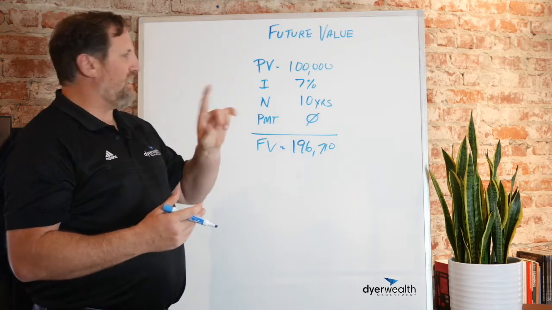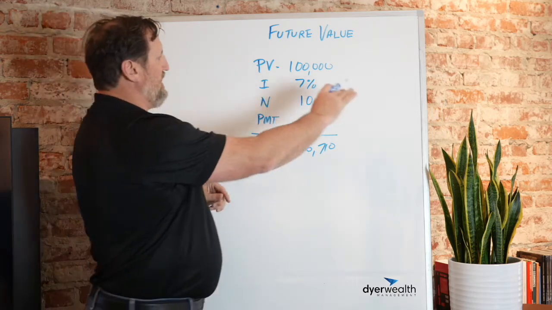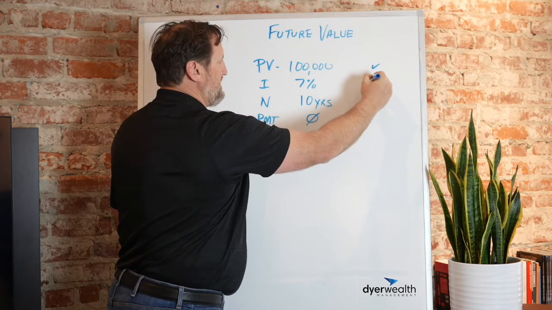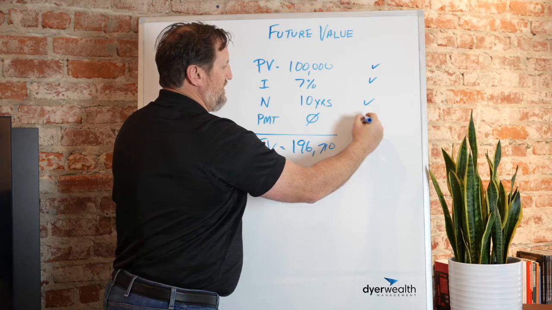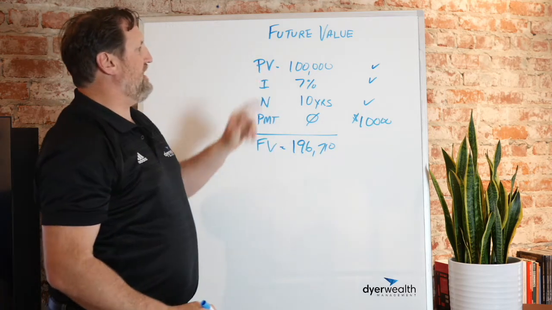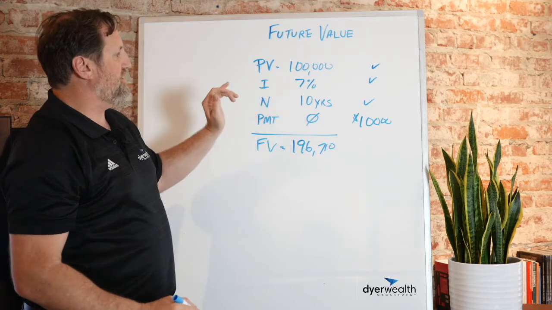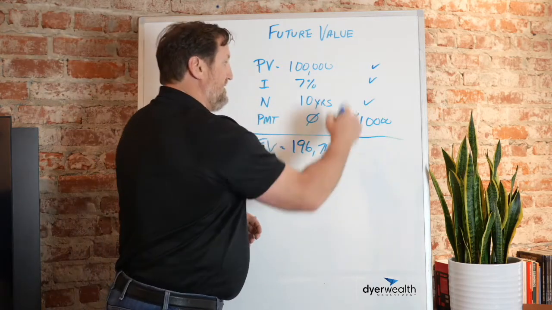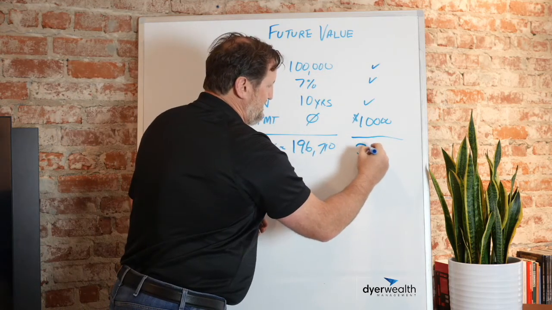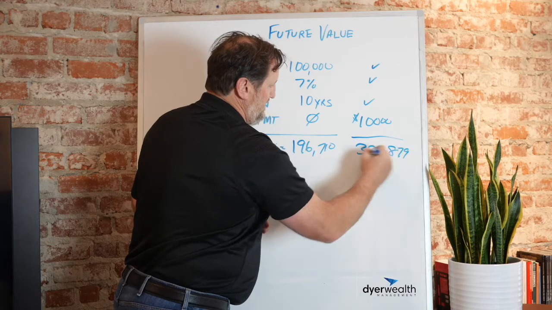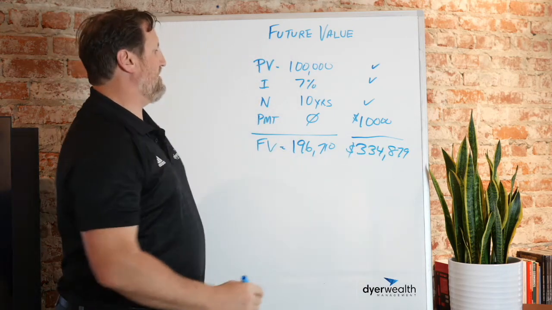Okay. Now, I want to add something to this. We'll keep everything the same in this example. We had $100,000, 7% for 10 years, adding an additional $10,000 a year. Okay. The compounding effect on this, the total portfolio, is $334,000.